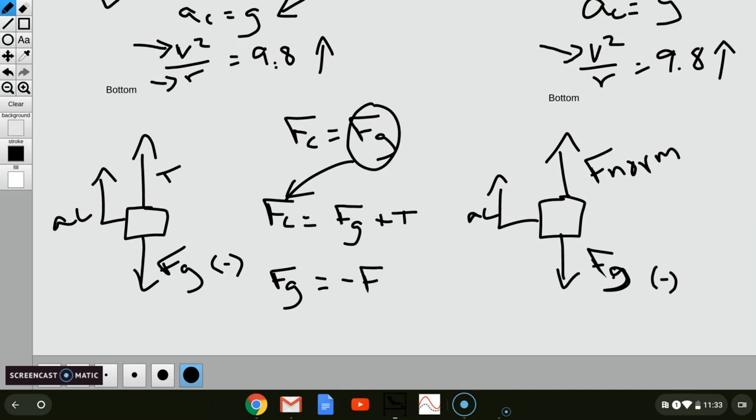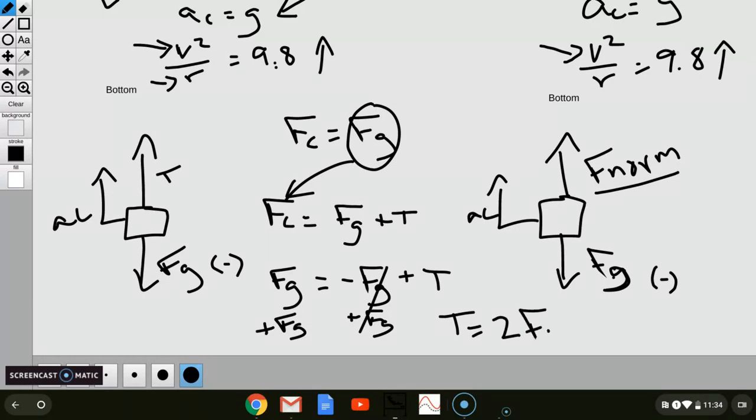So it's negative Fg plus whatever the tension has to be. If we solve for this tension, or we could easily plug in F norm there, it would be the exact same thing. If we just add Fg over, at the bottom, that upward force, so a tension on a ball on a string, is equal to 2 times the force of gravity. On a Ferris wheel, this tension would obviously be the normal force.